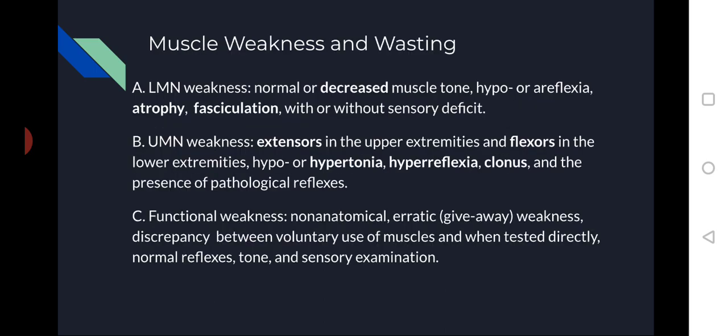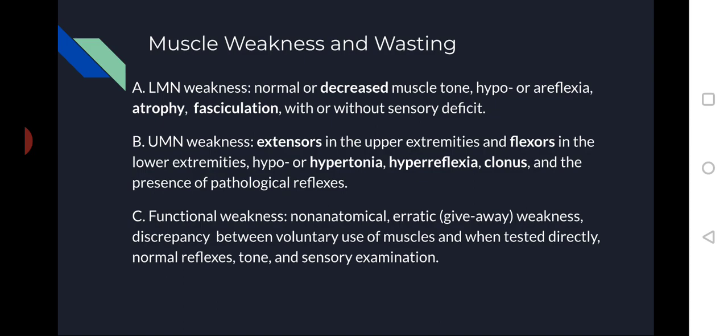Why do we ask to close the eyes? Because the patient can compensate for his loss of balance with the eyes. Looking at the objects around, he would orient his body accordingly. But all of us should be able to stand without help from the eyes. Muscle weakness and wasting.